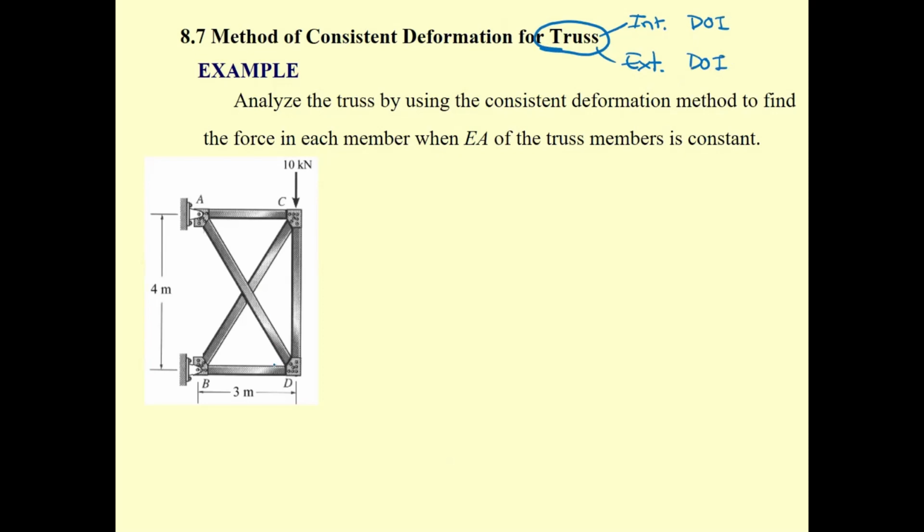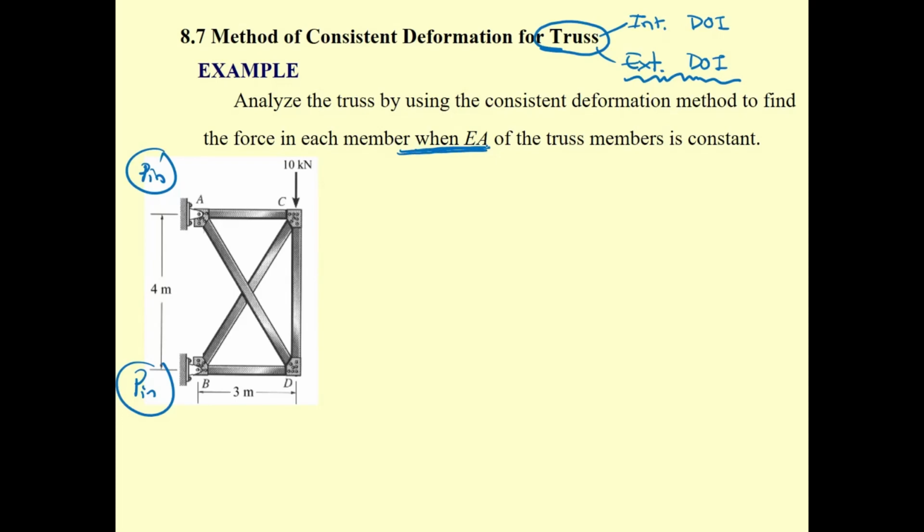The problem here, where we have this pin, can be classified as indeterminacy due to adding an external support. Let's say the task has constant EA, axial stiffness, for all members.